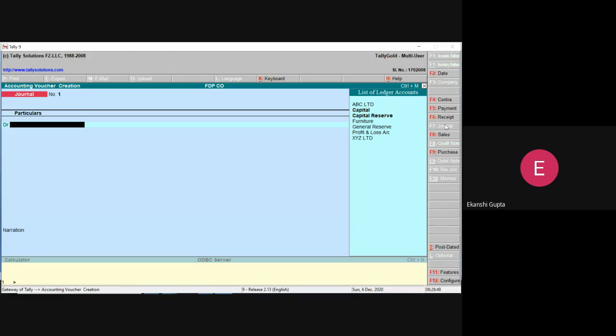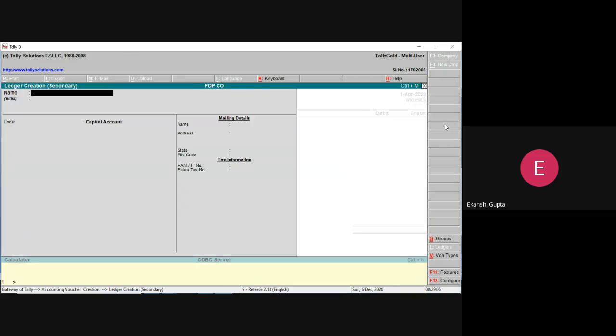No. So the shortcut to create a ledger while passing accounting entries in the accounting voucher is Alt plus C. Pressing Alt plus C while working under vouchers would take you to the ledger creation in single mode. So now I can write down computers.